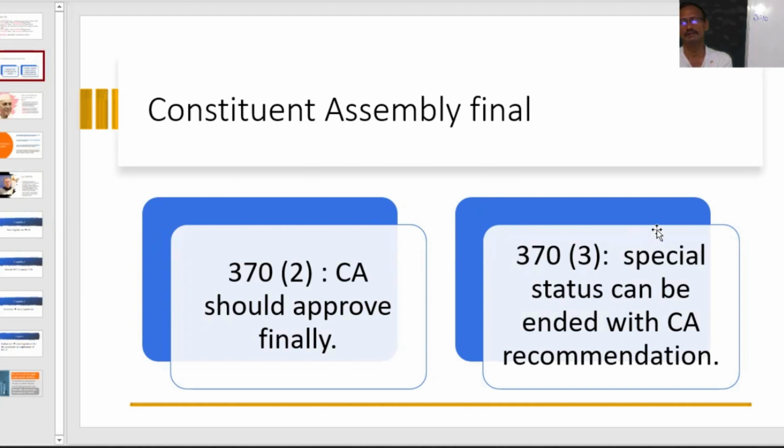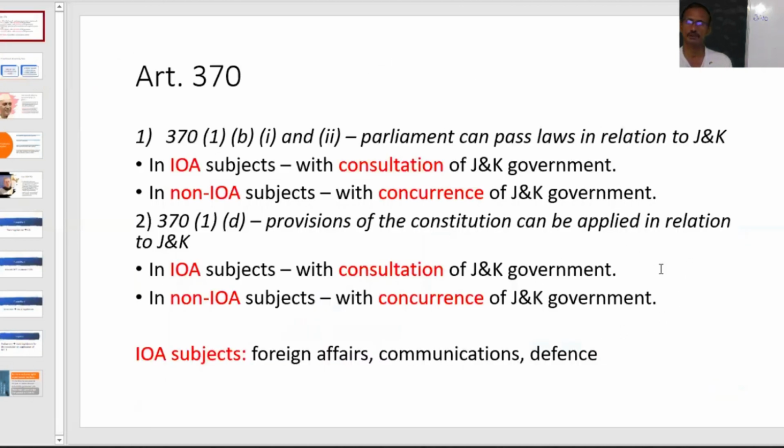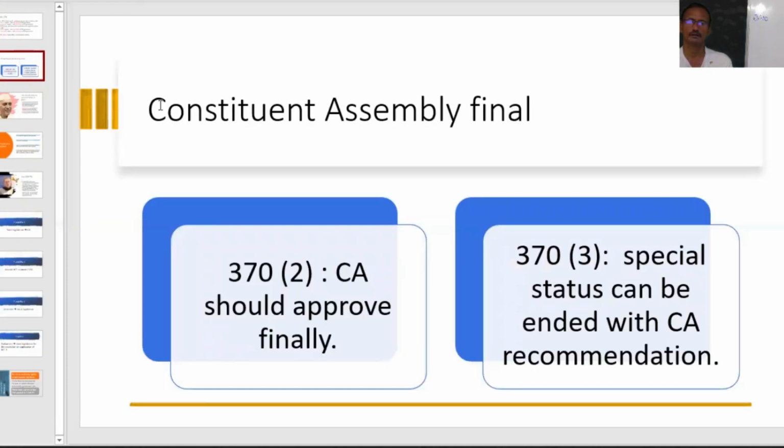And 370(3) says special status can be ended only with the Constituent Assembly's recommendation. So the structure is that certain things are done by the Jammu and Kashmir government, but in the end, the Constituent Assembly. Okay.